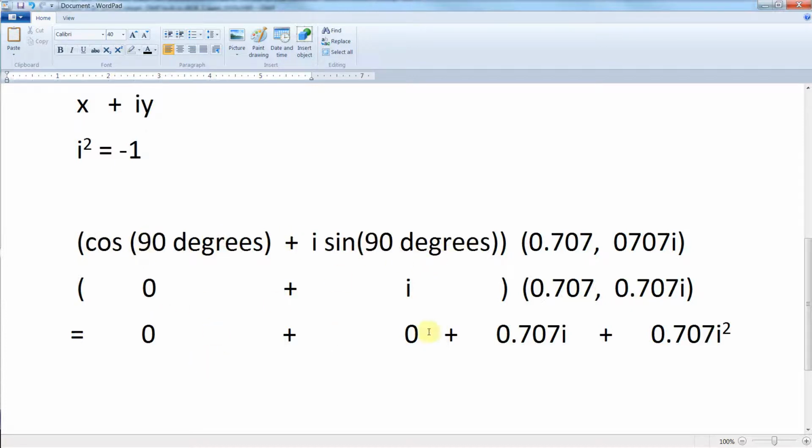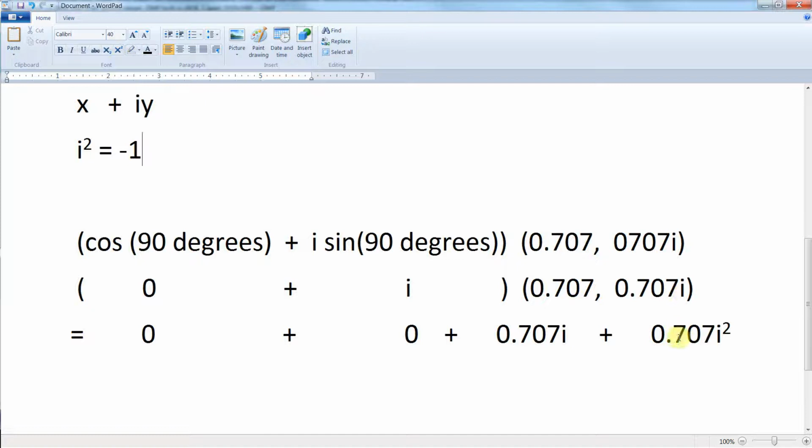So now let's just FOIL it out. So we have 0 times 0.707, and that's going to give me this 0 term here. And then we have 0 times 0.707i, and that's going to give me this 0 term right here. And then we have i times 0.707, so that sticks together with multiplication, so that's 0.707i. And then we have i times 0.707i.